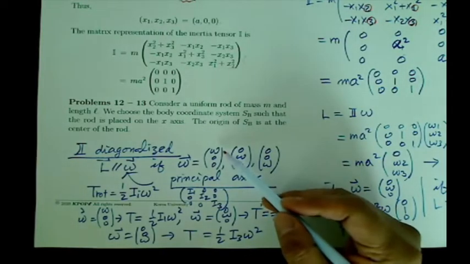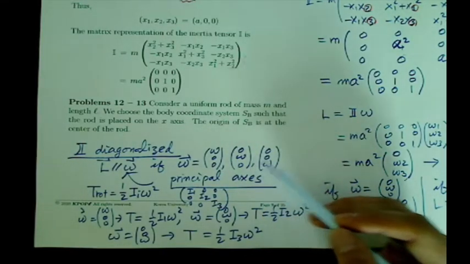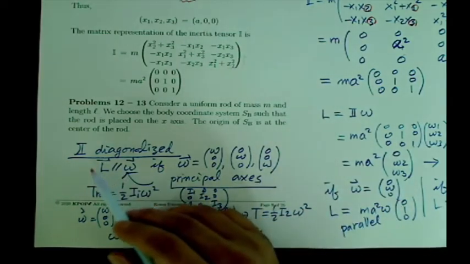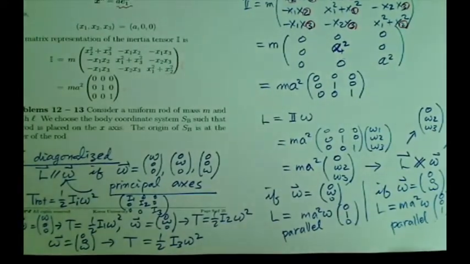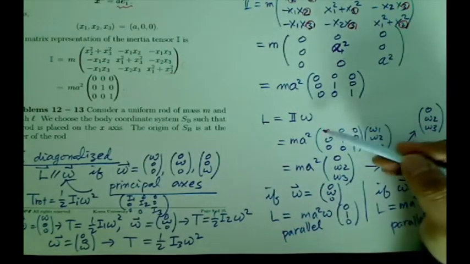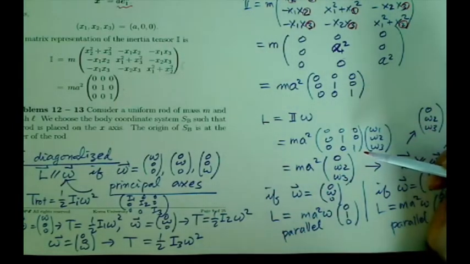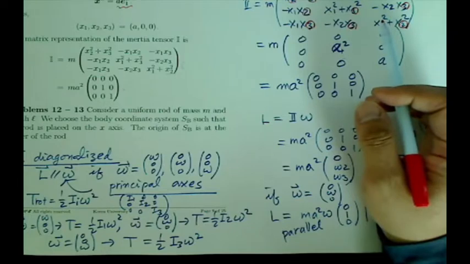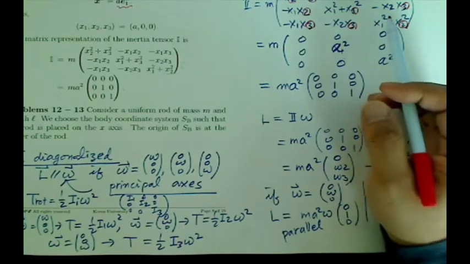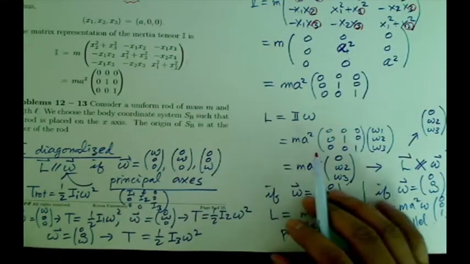If we choose omega 0 0 or 0 omega 0 or 0 0 omega, then we can always find the orbital angular momentum to be parallel to omega. But this is only true when the matrix is diagonalized. Sure, because it is real and symmetric, we can always diagonalize. But before it is diagonalized, this relation is not true.